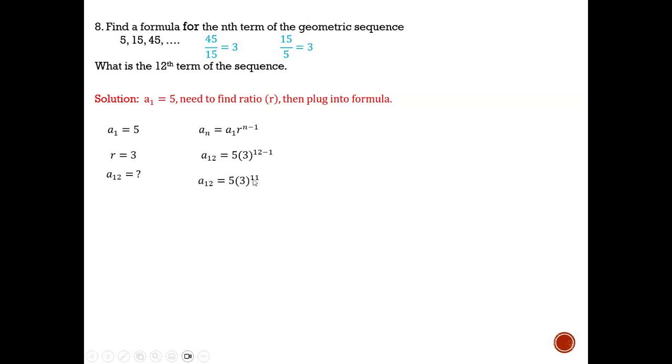Order of operations, you're going to do 3 to the 11th power first and then times 5, or you can just plug all this appropriately into your calculator, and we should get 885,735. So that's a big number. Geometric sequences increase pretty rapidly, because you're multiplying by a number each time.